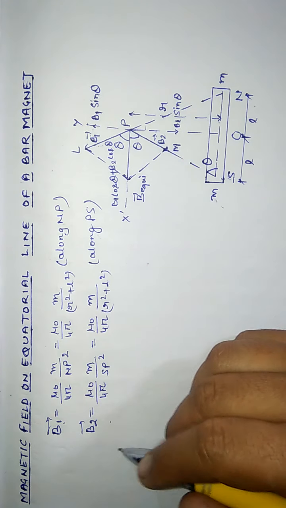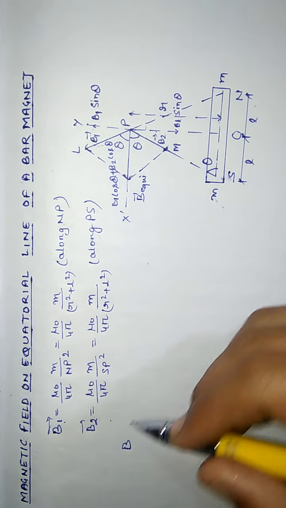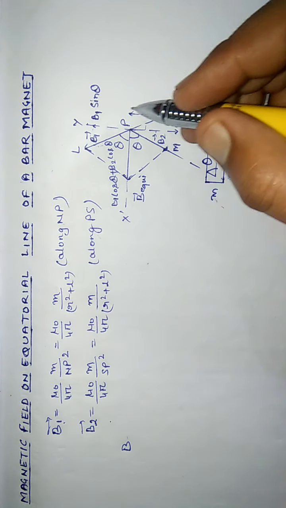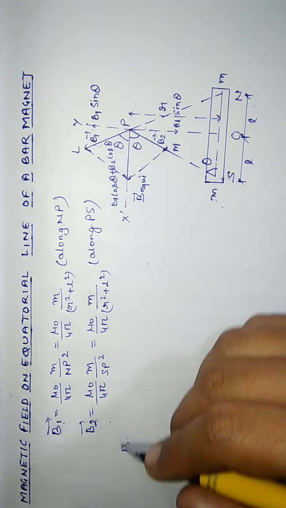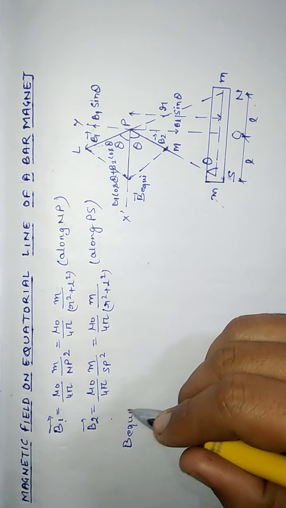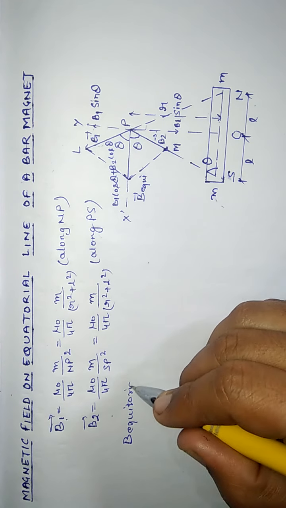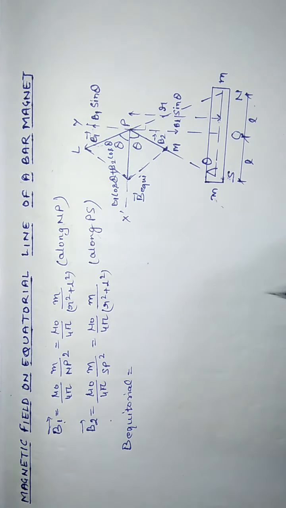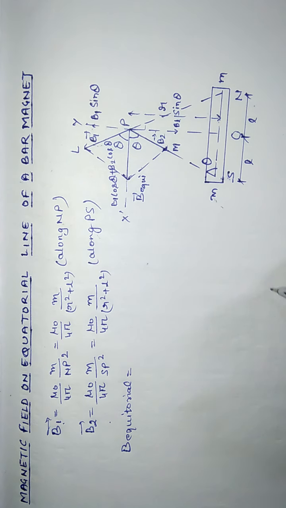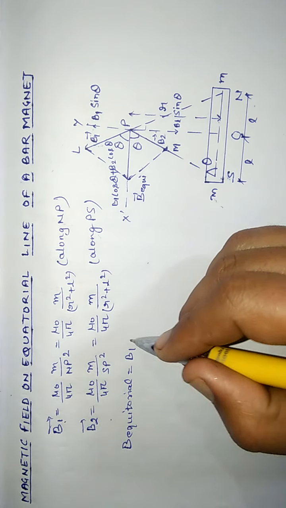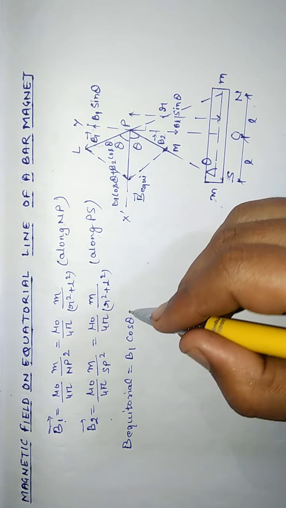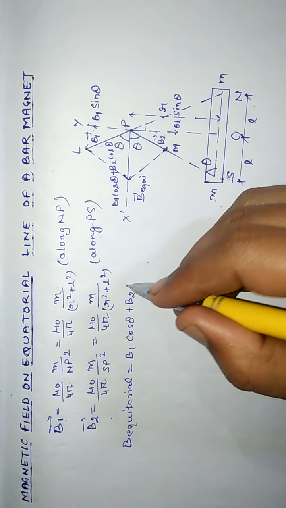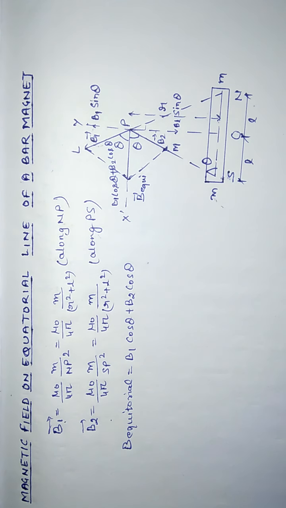So the magnetic field at point P, which is on equatorial position, B equatorial is equal to B1 cos theta plus B2 cos theta.